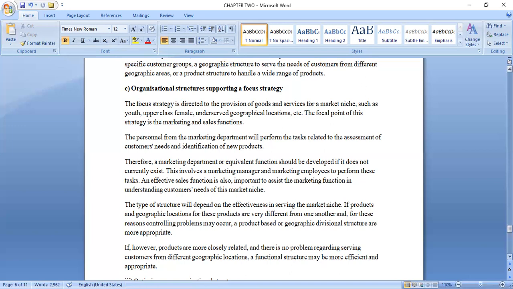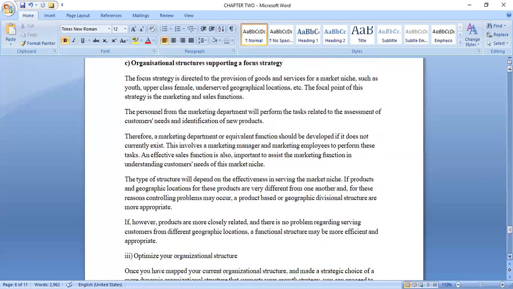So of course, at the end of the day, it will be a divisional organization structure, because we have seen that a divisional organization structure is divided basically into 3 categories: the product organization structure, the customer organization structure, and finally the geographical organization structure.